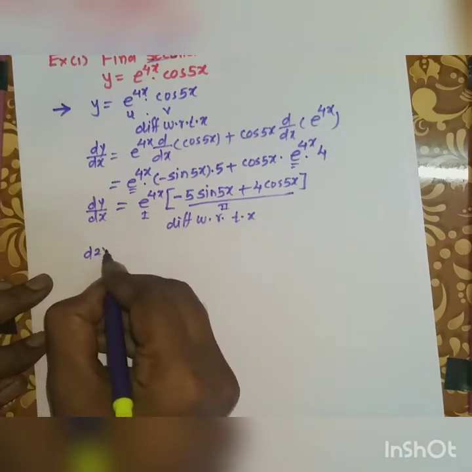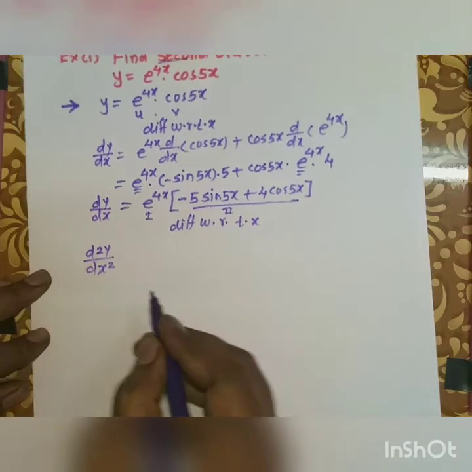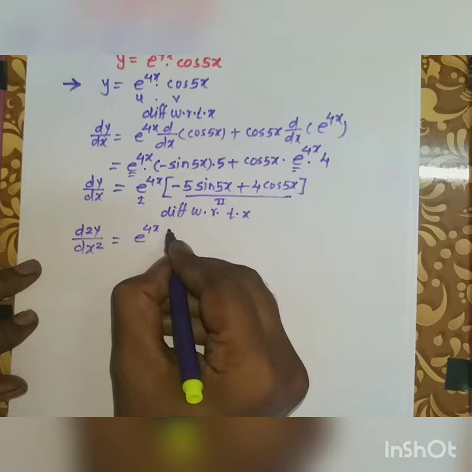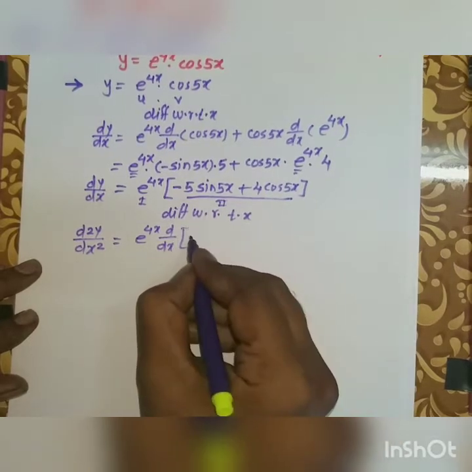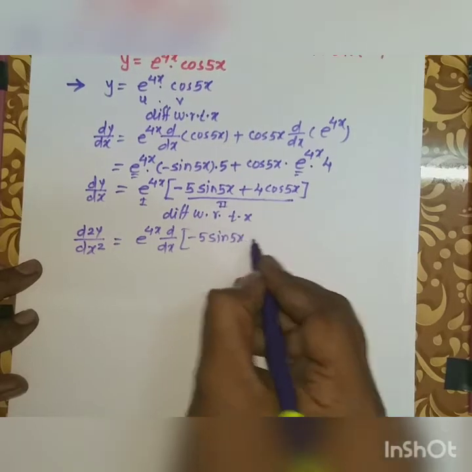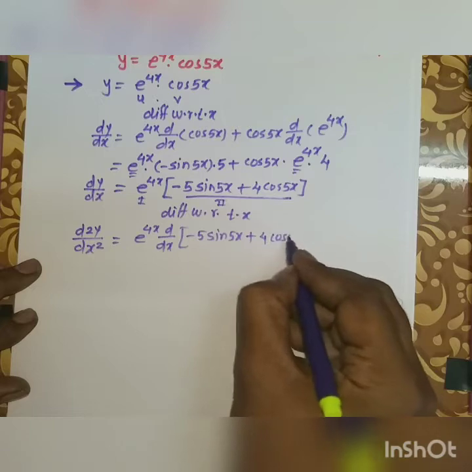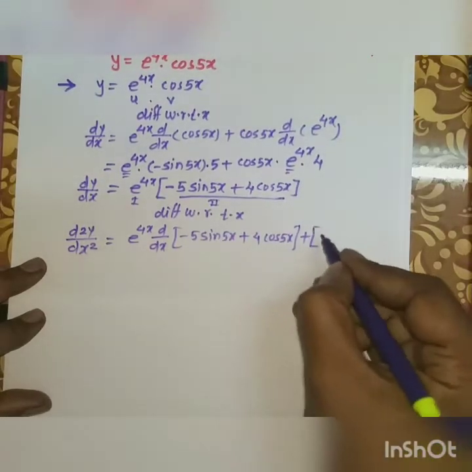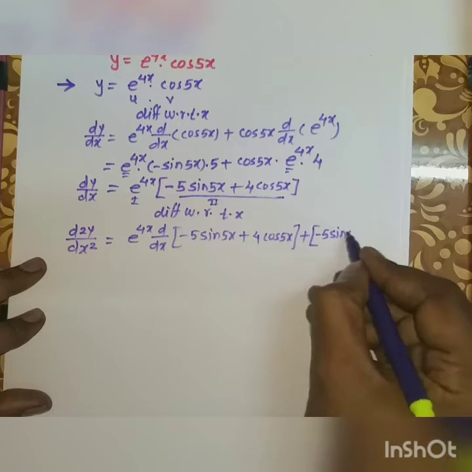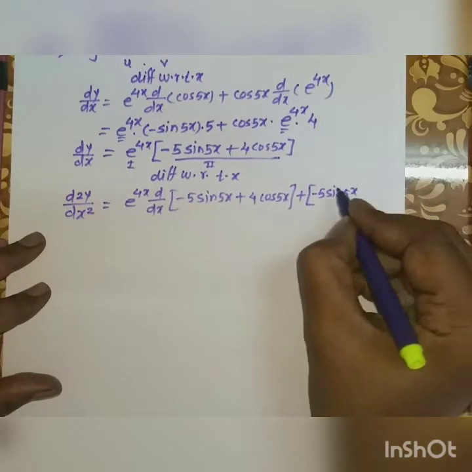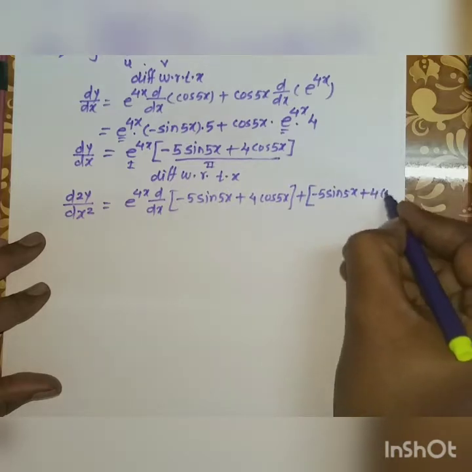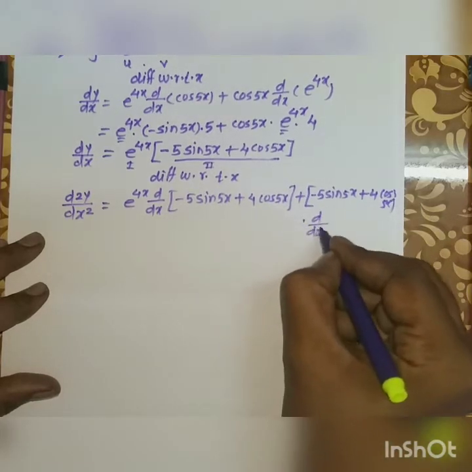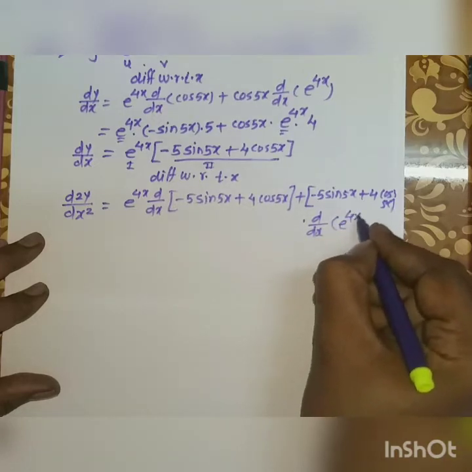Then the second order derivative d2y by dx square is equal to first, e raised to 4x into d by dx of minus 5 sin of 5x plus 4 cos of 5x, plus the second function minus 5 sin of 5x plus 4 cos of 5x into the derivative of the first function, which is e raised to 4x.